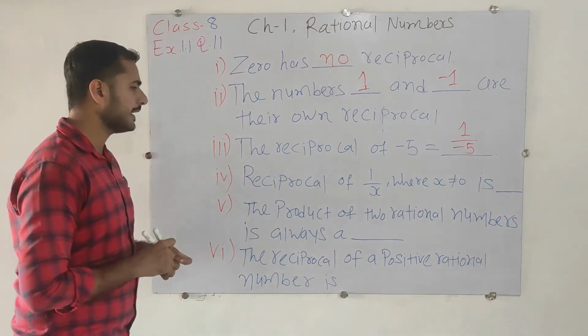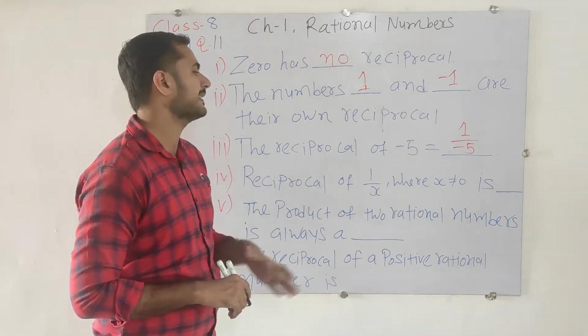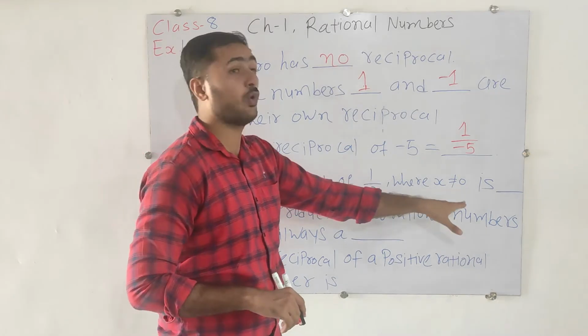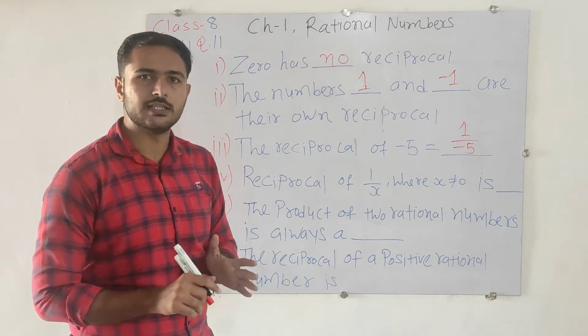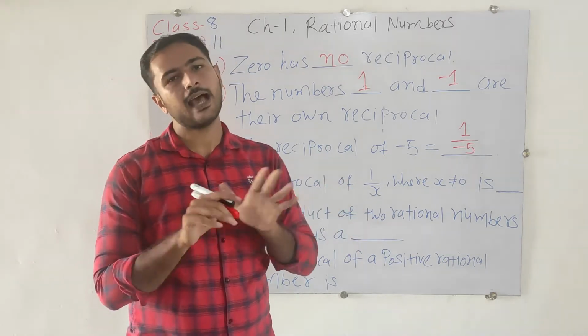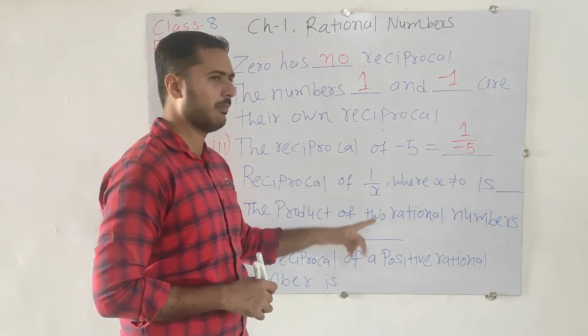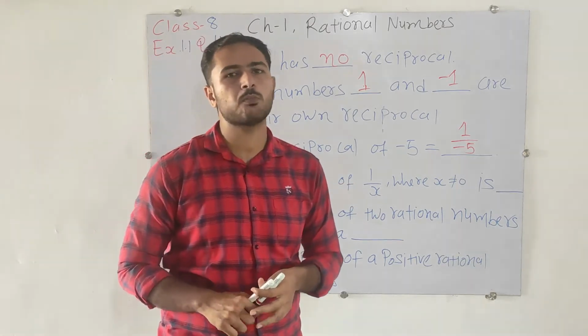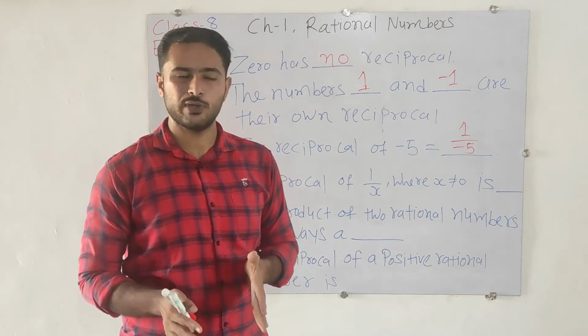Then the fourth one: reciprocal of 1 by x, where x is not equal to 0. Why is this condition written there? Suppose x is a number. If we take x equal to 0, then that will be 1 by 0. But in mathematics, 1 by 0 is not a valid term, it is an error.